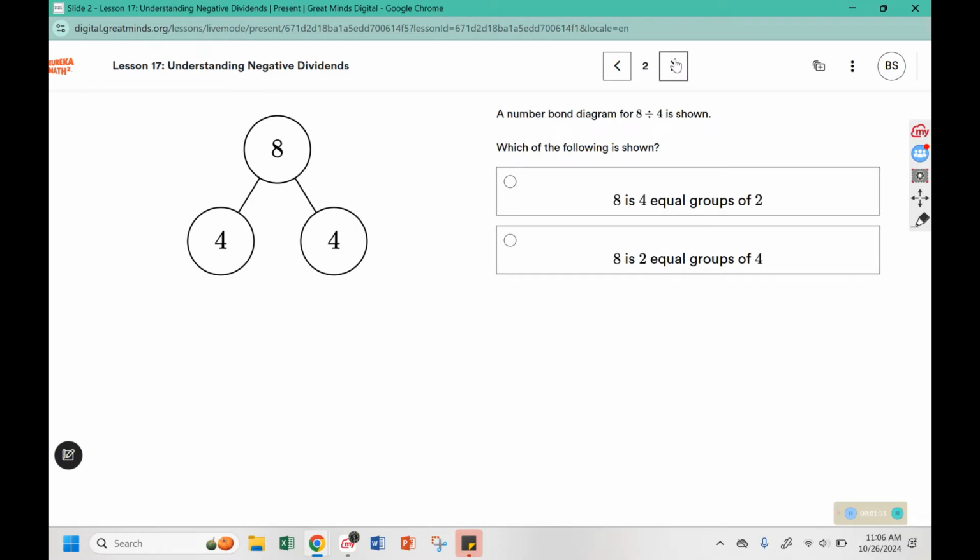A number bond diagram for 8 divided by 4 is shown. Which of the following is shown? 8 is 4 equal groups of 2, or 8 is 2 equal groups of 4. We have 2 groups of 4.